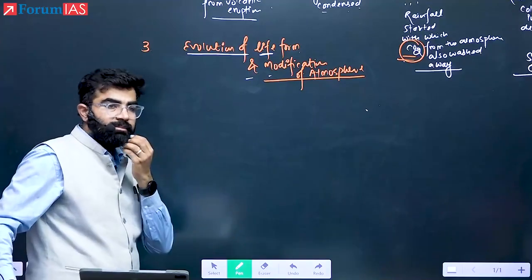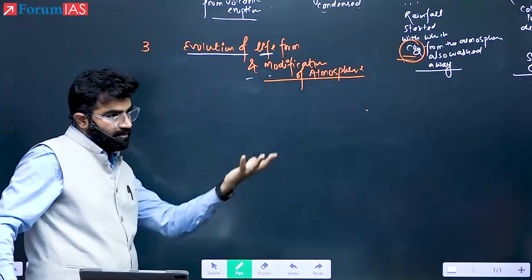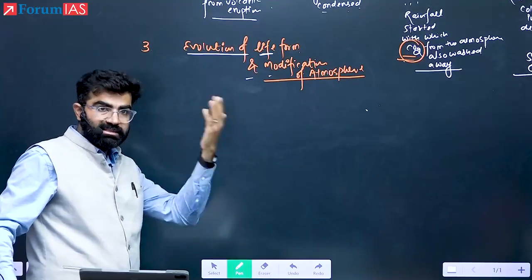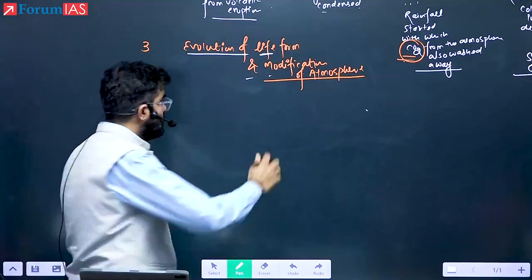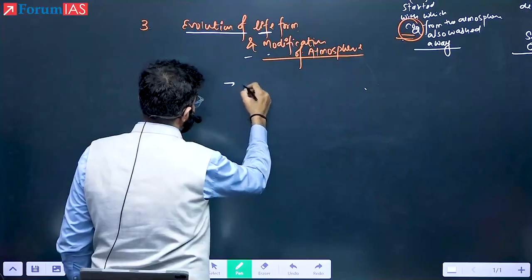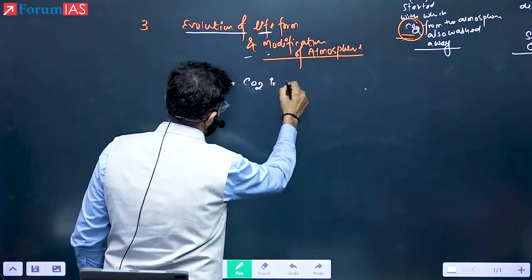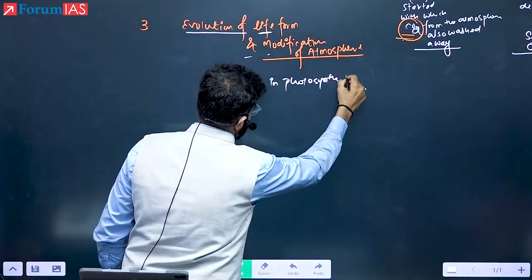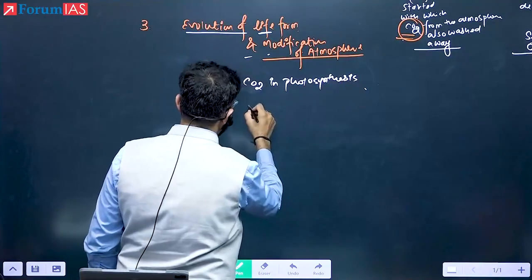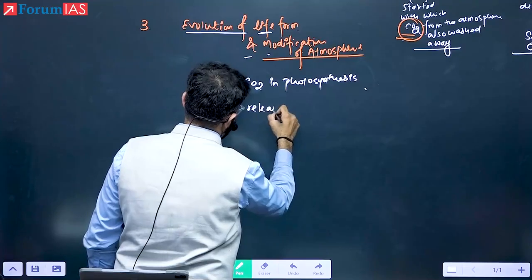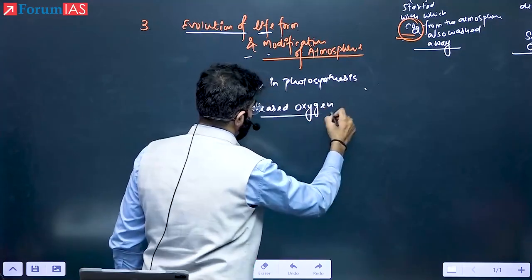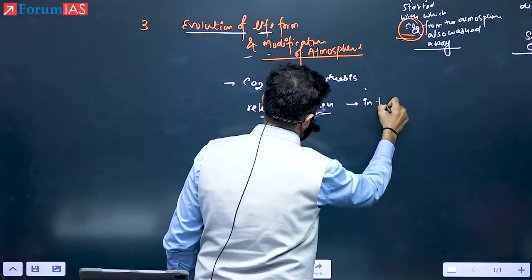For example, the plants will evolve over a period of time. They will pull the CO2 from the atmosphere. At the same time, they will release oxygen into the atmosphere. So how did they modify it? They used CO2 in, for example, photosynthesis, and they released oxygen in the atmosphere.